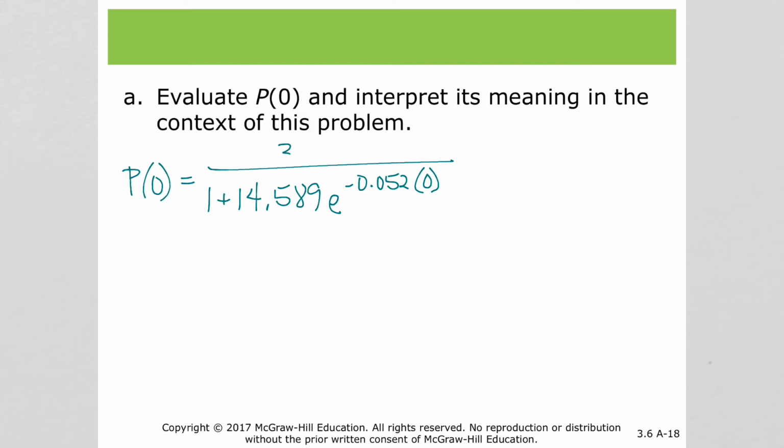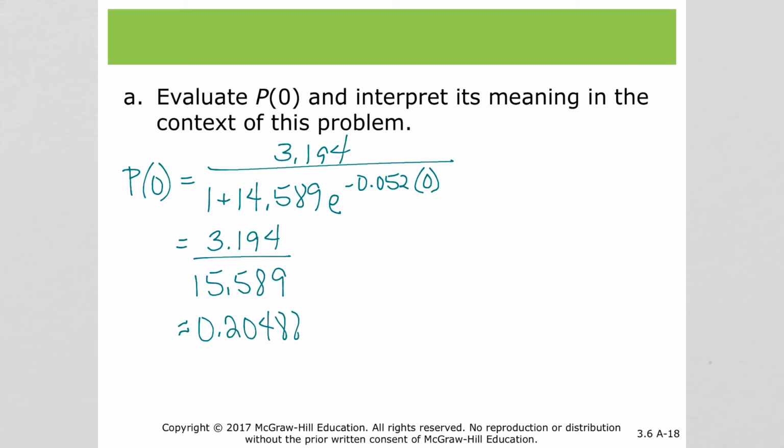And on the top is our 3.194. Put that in your calculator, and you get 3.194 divided by 15.589, or approximately 0.204888. What does that mean?